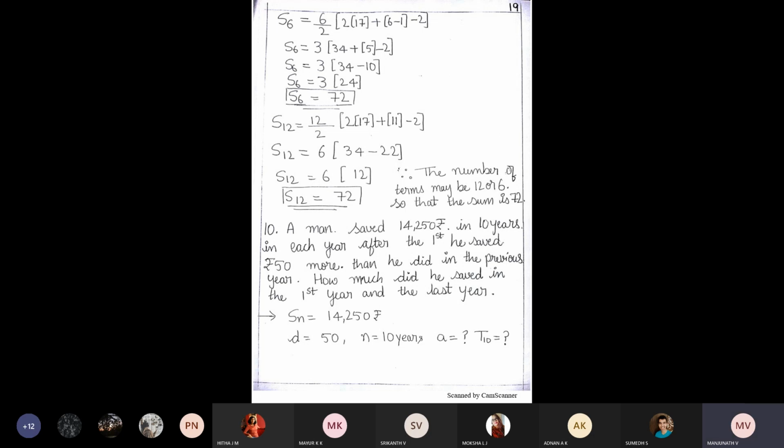How much did he save in the first year and the last year? It is just similar to your previous problem. That is 50 rupees more than he did in the previous year. The sum is given and you need to find the series. And the common difference is also given, 50.